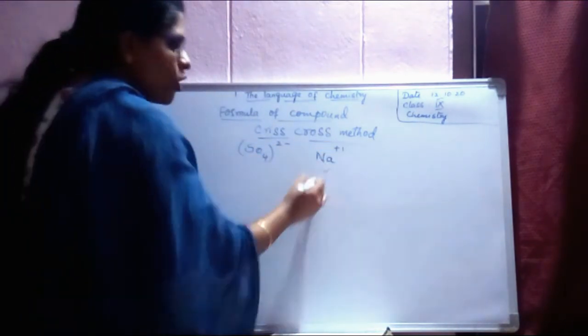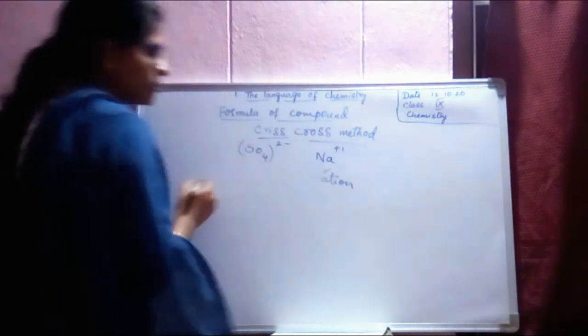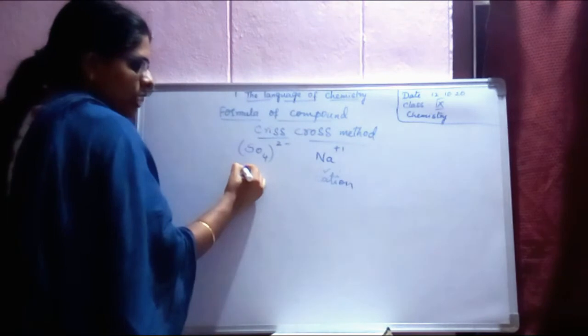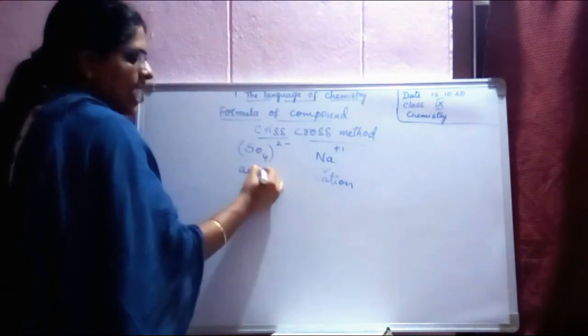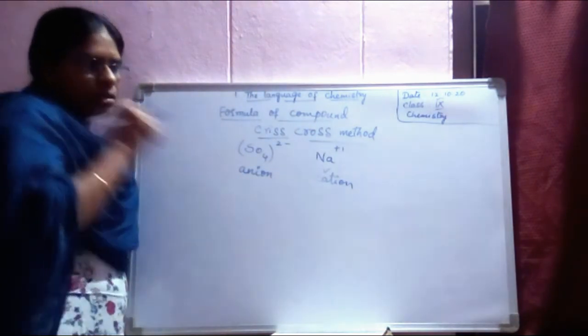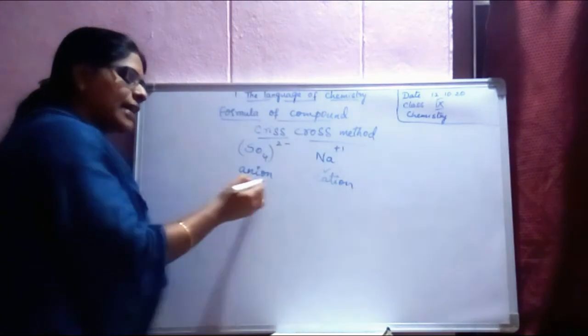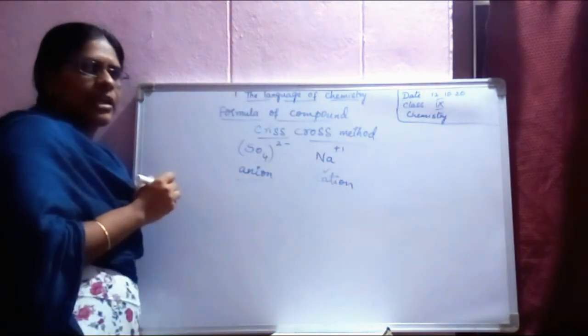A positive one we always call a cation, and a negative one is called an anion. In order to write the formula of the compound, you need a cation and an anion.